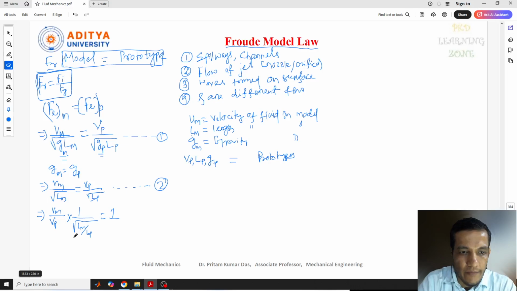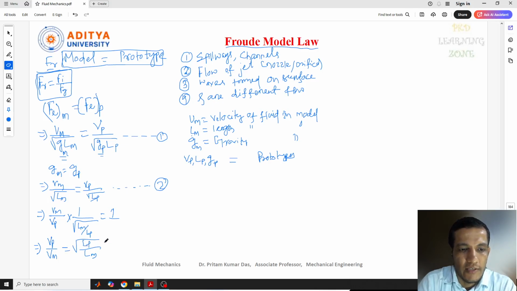And again if you want to convert this equation in terms of some other terminology, take this to the other side, so I can write Vp by Vm equal to root over of Lp by Lm, so that we can get some ratio here.